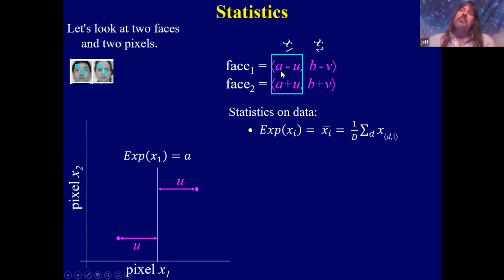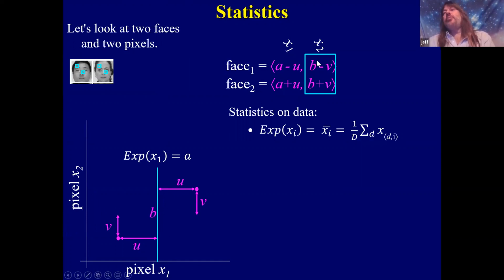If you sum them up and divide by 2, the average would be A. Similarly, for the second pixel I have 2 brightnesses, B plus V and B minus V. If you took the average of those, you would get B. So our center of the ellipse is at A, B, in that spot right there.